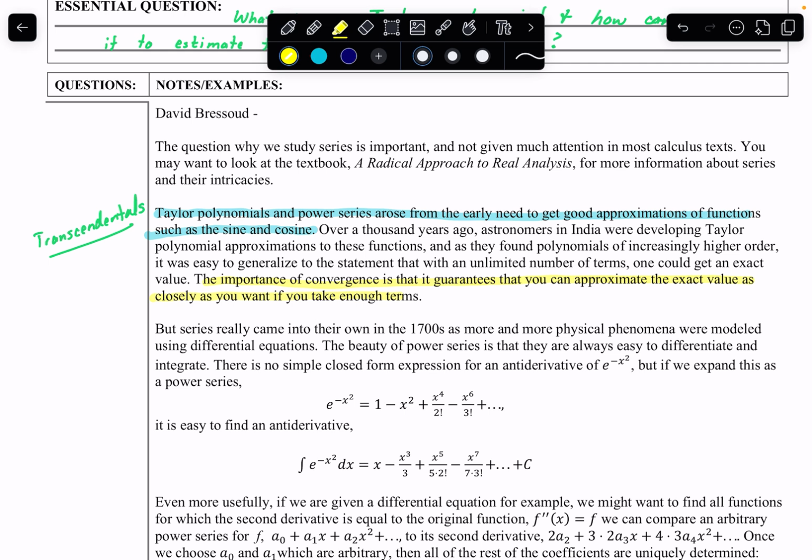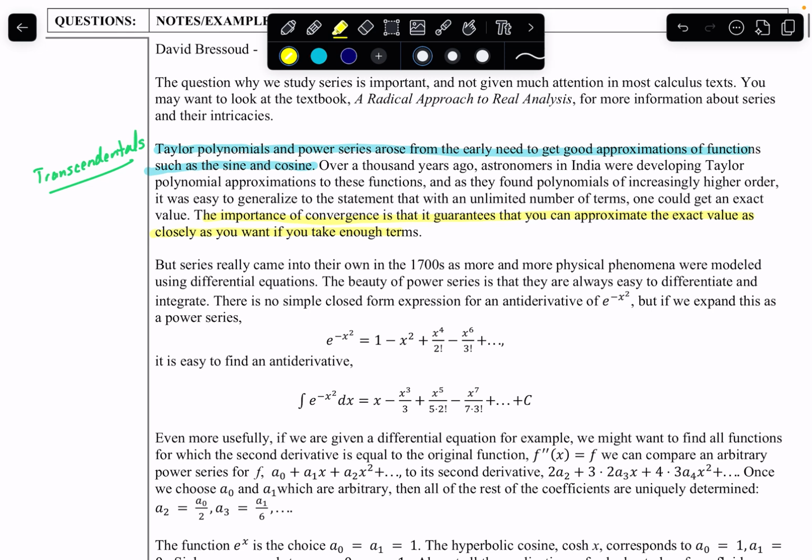So if I'm going to use power series to estimate a function, to try to get as close as I can to that value, I need to know if the estimation is good or not, and that's where convergence and divergence comes in.